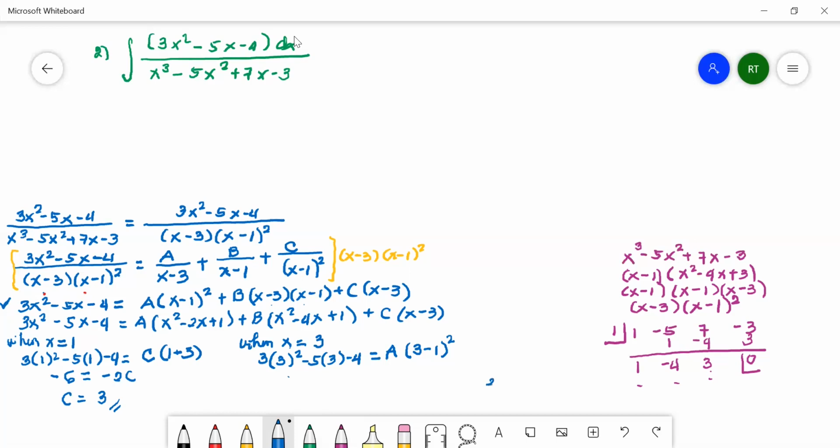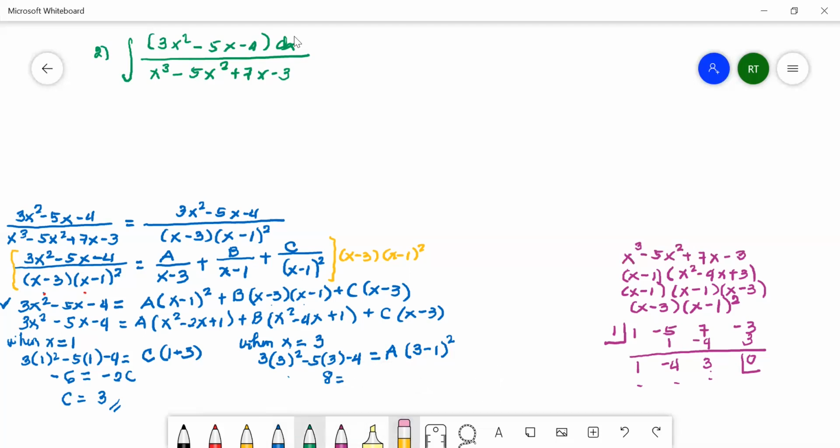So we will have 27. Now, negative 5 times 3 is negative 15, minus 4 is negative 19, and 27 minus 19 is 8. So the left member is positive 8.